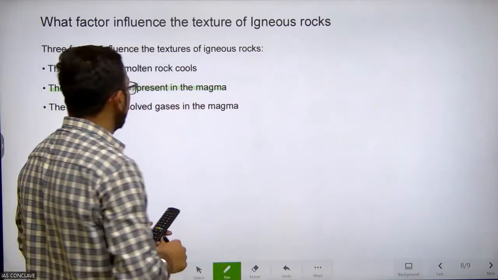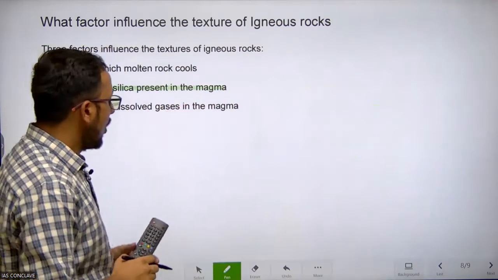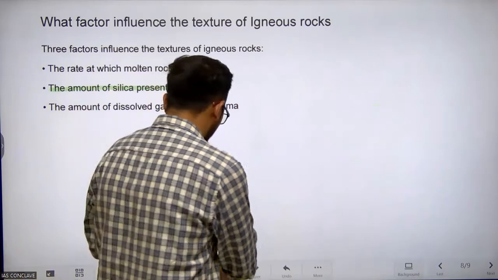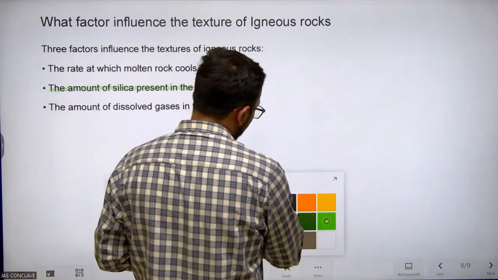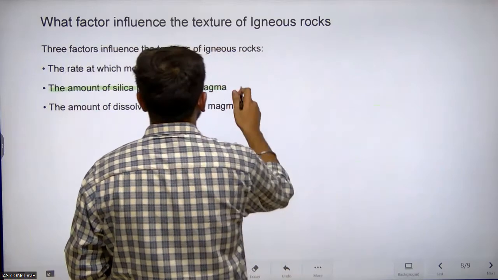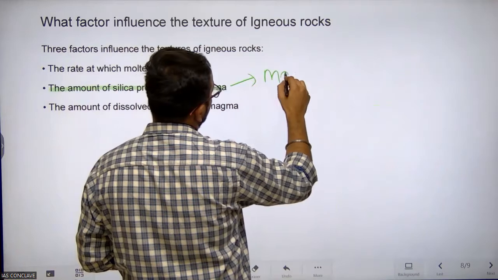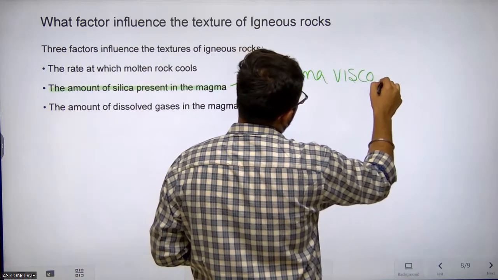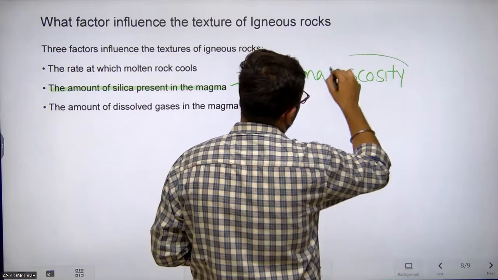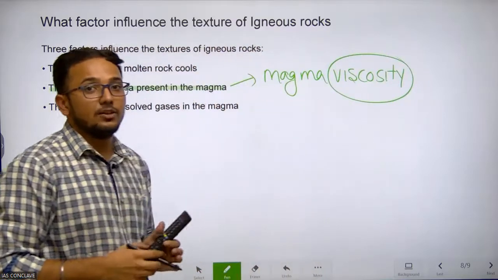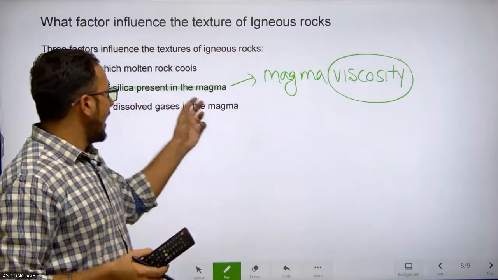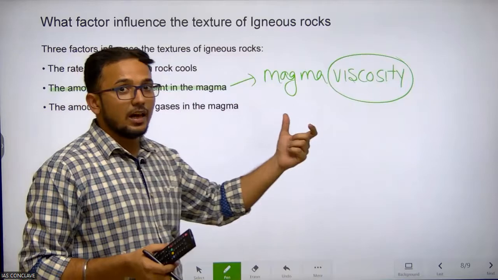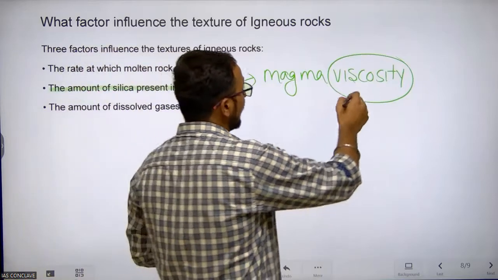Now look at the second, the amount of silica present in the magma. What does silica content determine? Silica content determines the magma viscosity. What is viscosity? Viscosity is the resistance to flow. If magma has a high content of silica, it is very viscous.